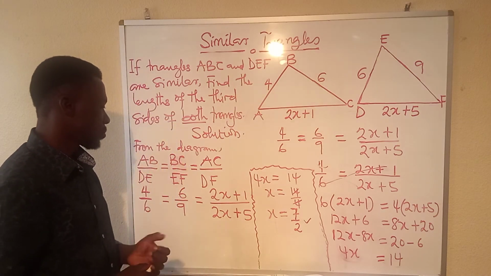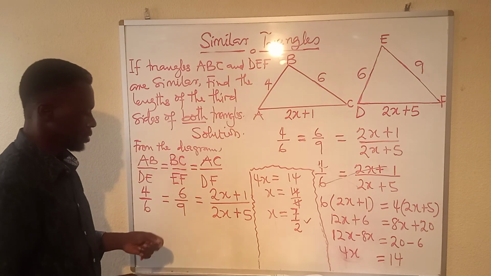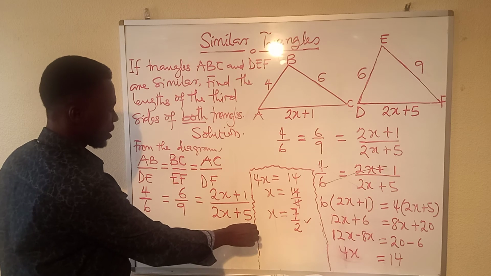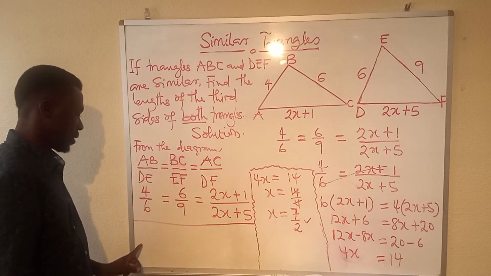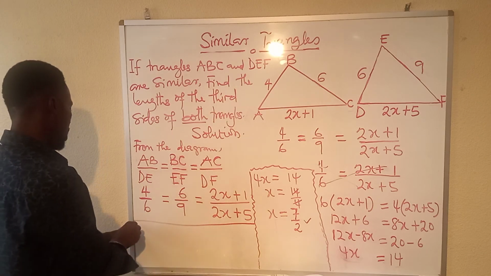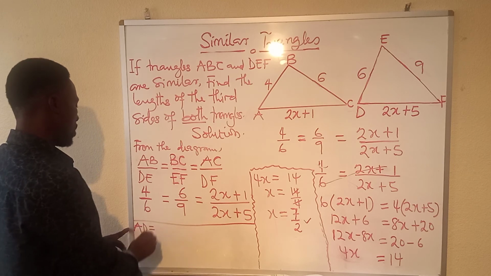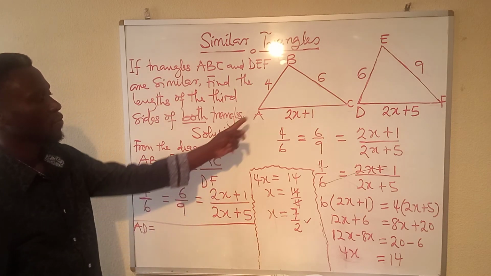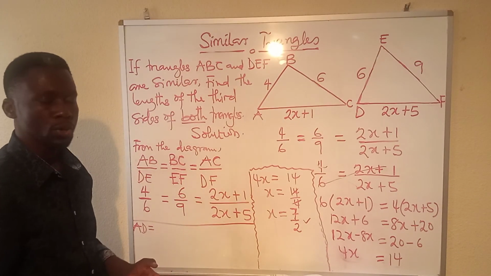All right. So now let's come here to conclude. Let's draw a line over here and make use of this space. If we are to find the length of side AD, we substitute the value of x, which is 7 out of 2.